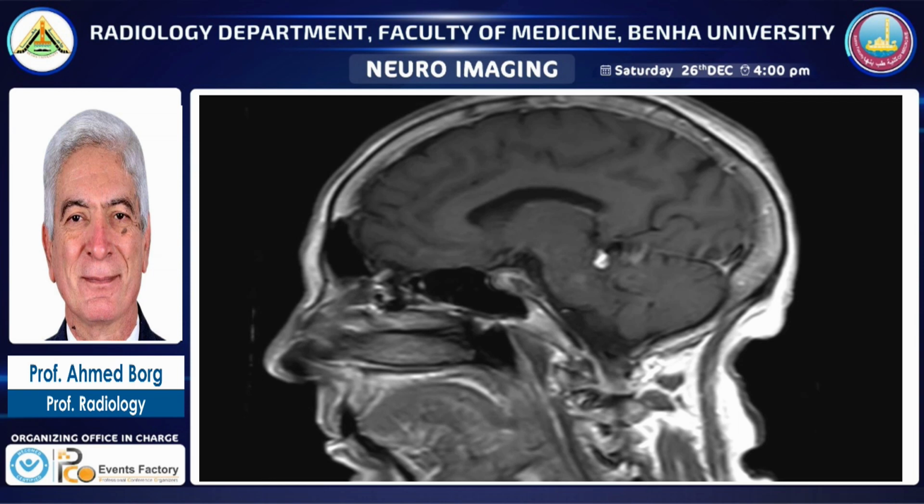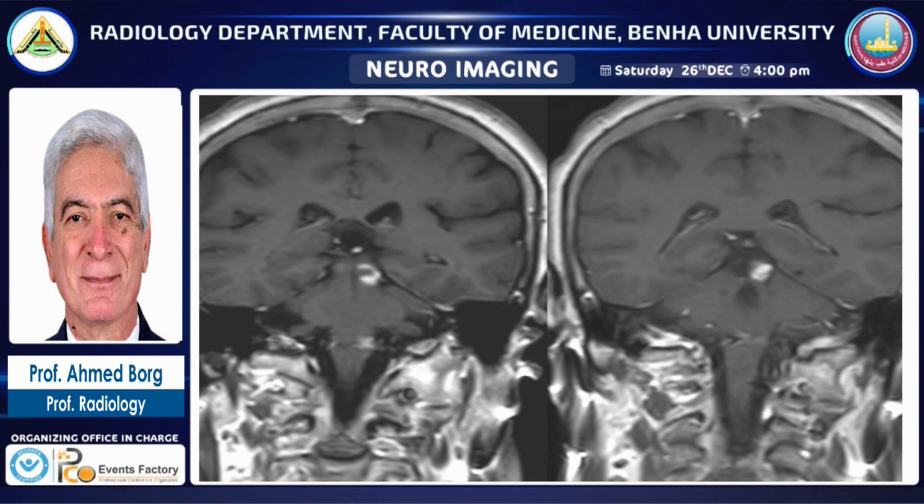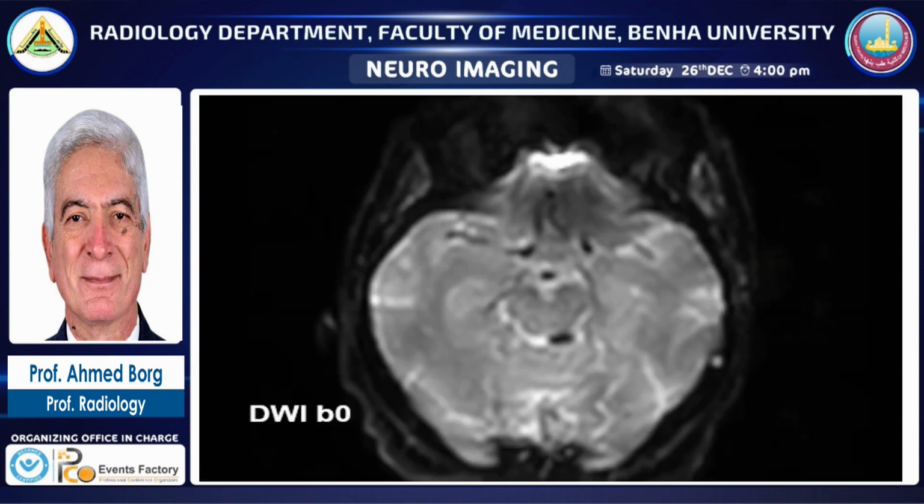Again, on the sagittal, still the hyperintense signal in the quadrigeminal plate of the midbrain. Again, the lesion on T2 weighted image. On coronal T1 weighted image, hyperintense. Here's the diffusion weighted image.